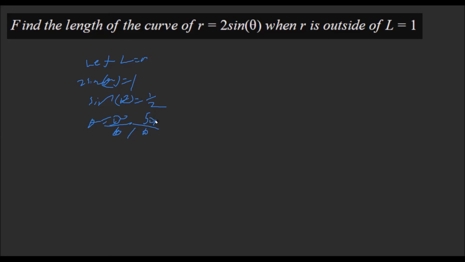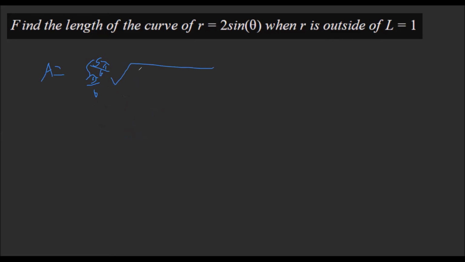Now from here, we can begin to write our equation. We don't yet have every term we need. So let's let L represent the arc length, the integral from pi over 6 to 5 pi over 6 of the square root of r squared, which we already have, and that's equal to (2 sine theta) squared, plus (dr/d theta) squared with respect to d theta.